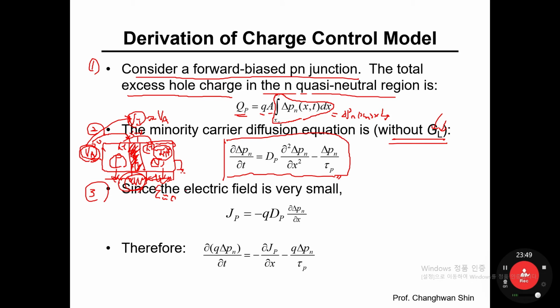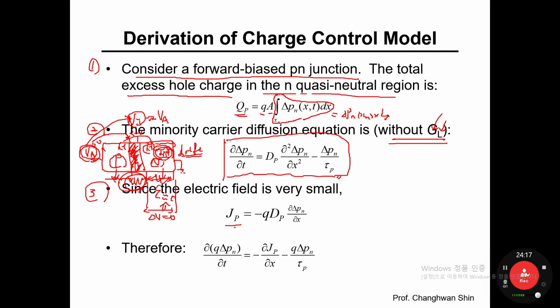That is the reason why there is no voltage drop across the quasi-neutral region, so we can estimate that the electric field in the quasi-neutral region is very small or almost zero. That's why we only talk about the diffusion mechanism instead of the drift mechanism when discussing current flow in the quasi-neutral region.